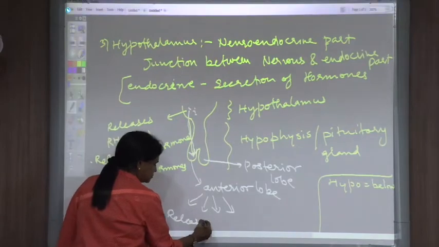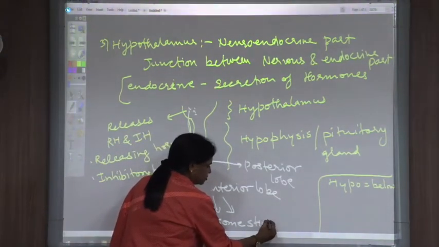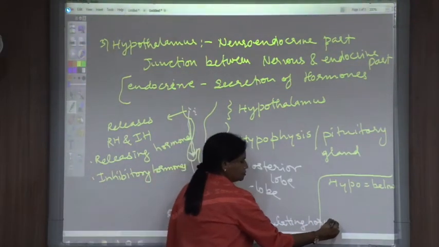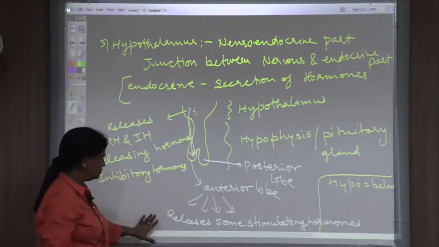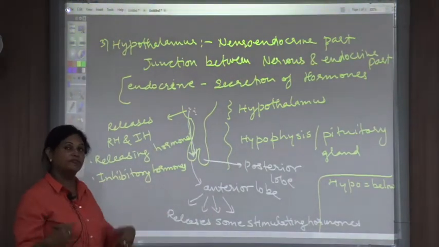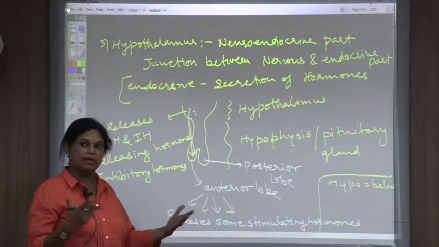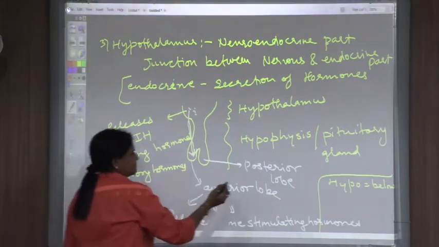This pituitary will be now further releasing all the hormones, that will be the stimulatory hormones, which will be going and affecting other endocrine organs. So the hormones that will be released from pituitary, suppose it is TSH, thyroid stimulating hormone, so that will go and affect the thyroid gland.